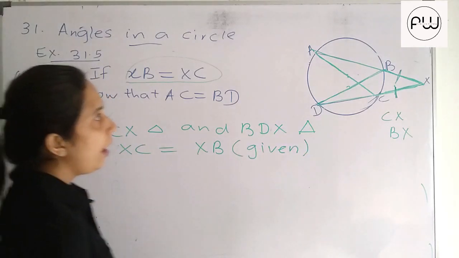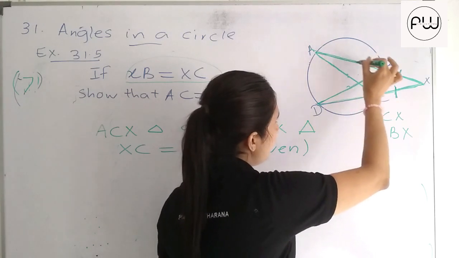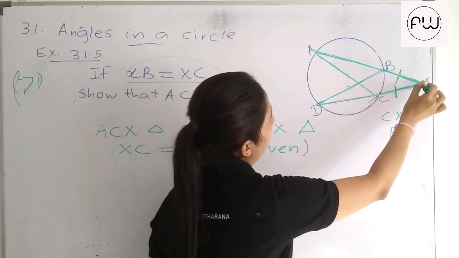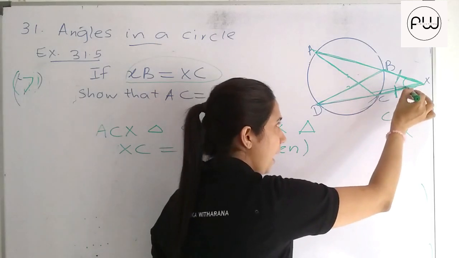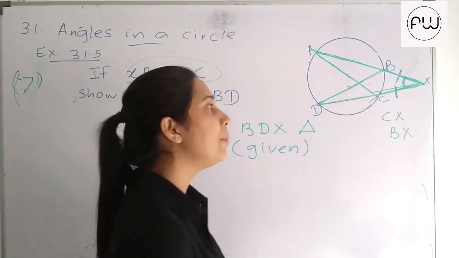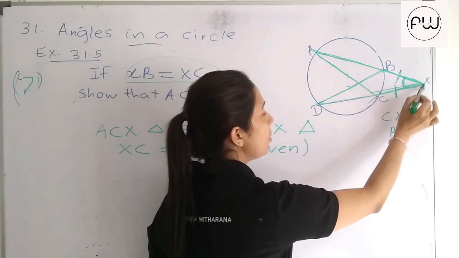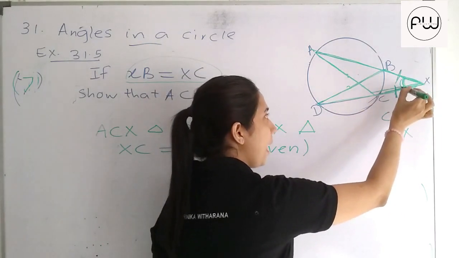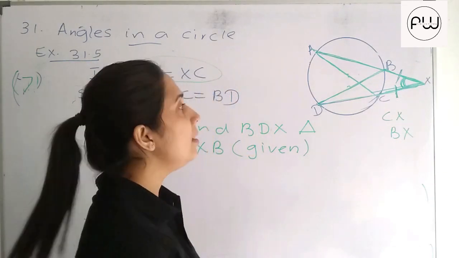Right. And now see this one also. If we consider the AXC triangle, this angle is an interior angle of that triangle. And if we consider the DBX triangle, this angle is also an interior angle of that triangle.